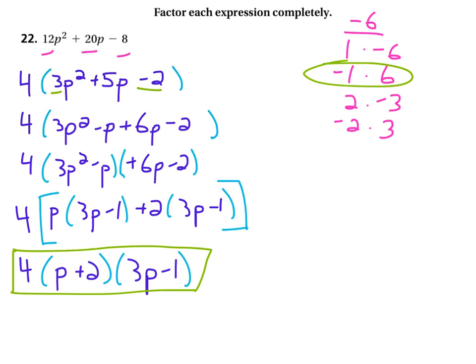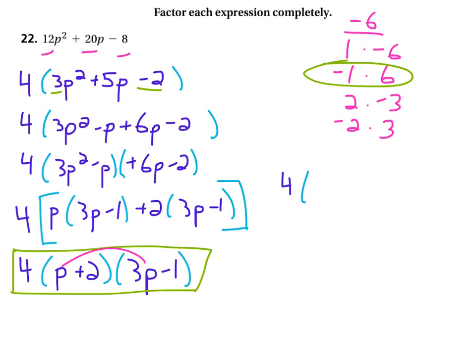If you want to check this, what I suggest you do is you first FOIL the two binomials, and when you get that resulting trinomial, multiply everything by 4. I'll do it over here on the side. I'll say 4 times, and what do you get when you multiply the trinomial together?